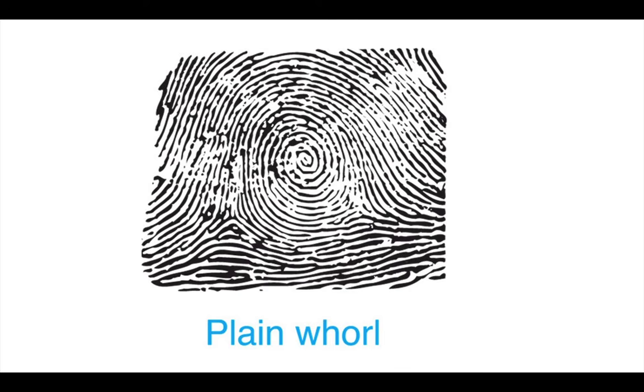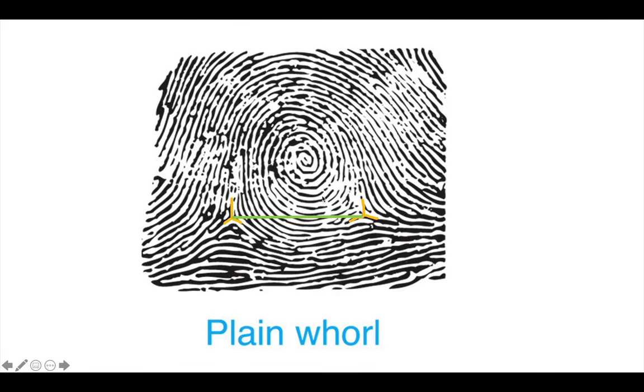All right, well, what makes a whorl a plain whorl? Well, the first thing you do is, of course, you got to find your 2 deltas. The next thing you do is you draw a straight line between the 2 deltas. And the rule is, you find a ridge pattern that's going around in a circle inside.